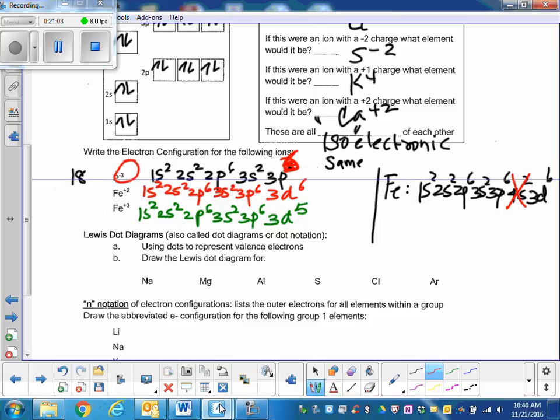So is iron here trying to be found... Remember, first off, if you're talking about the valence electrons, it only had 2 valence electrons to begin with. When it makes the iron +2, its 2 electrons are already knocked off.